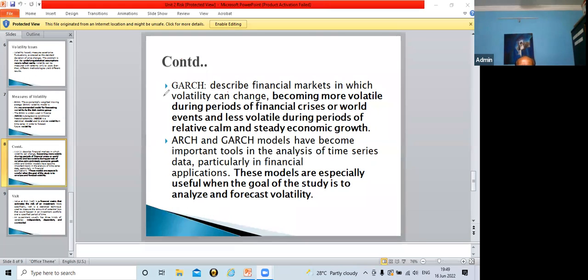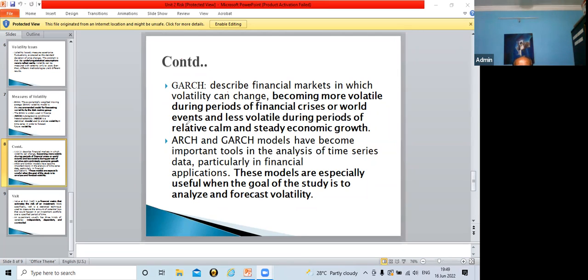Understood? GARCH basically describes financial markets in which there are changes, as in the pandemic or a financial crunch. That time the GARCH model is used.